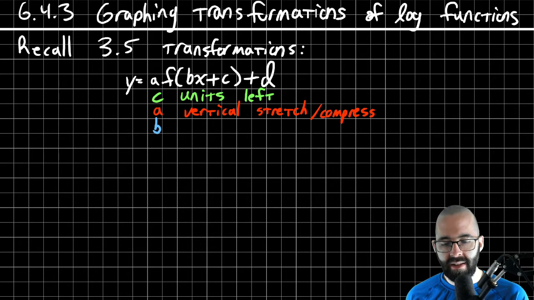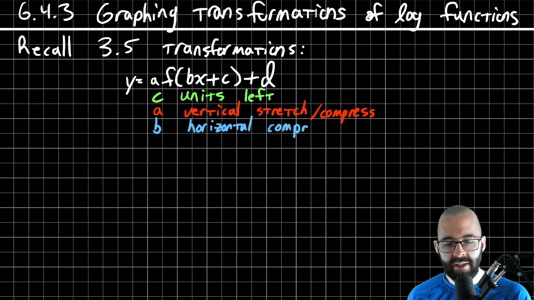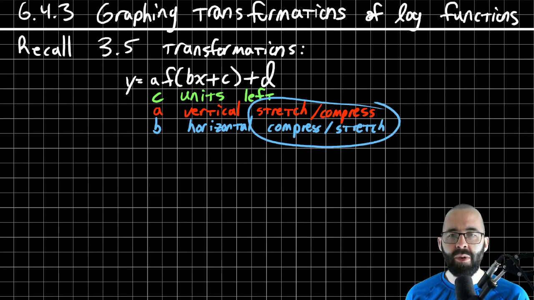Remember that B was a horizontal multiplication on the inside. Horizontal compressing or stretching. Notice I'm writing this in a different order, because if B is big, that's a compression, where if A is big, that's a stretch.